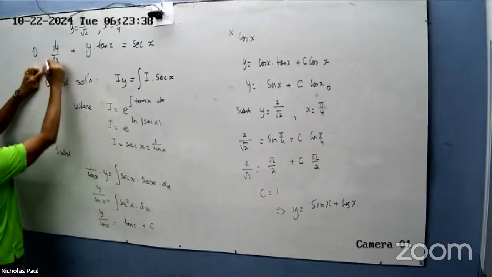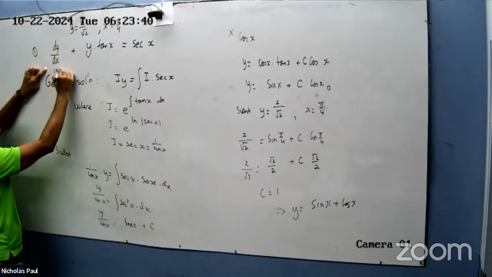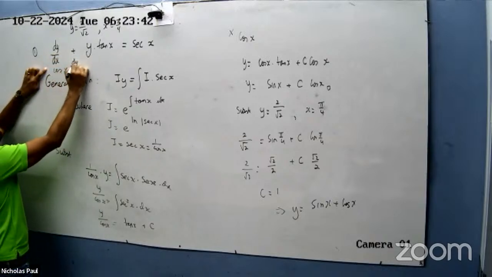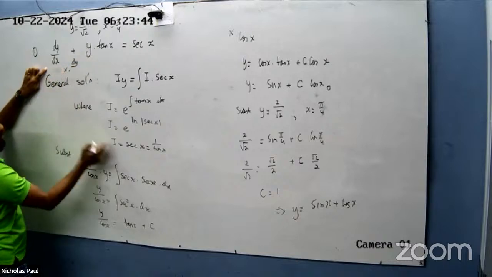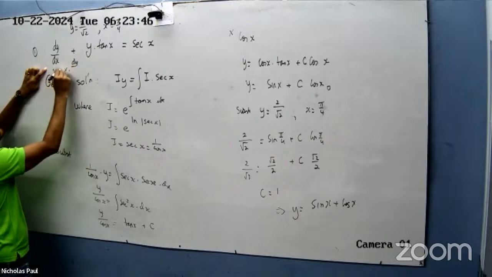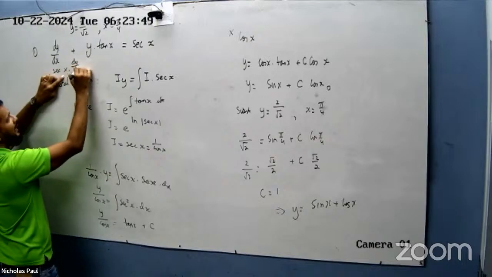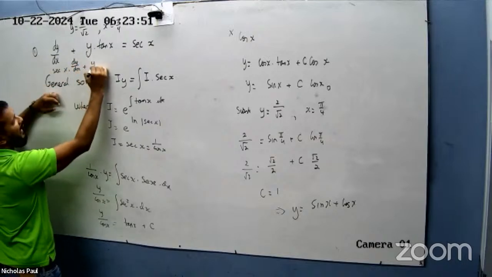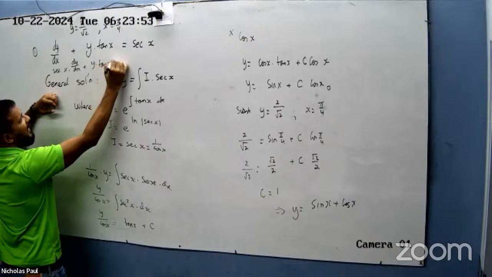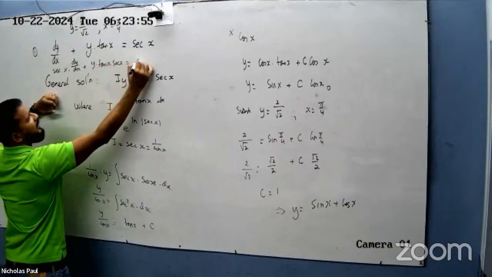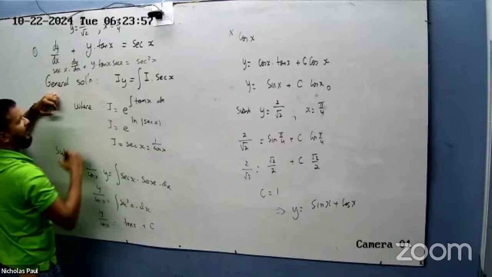I will end up with sec x dy/dx plus y tan x sec x is equal to sec squared x.